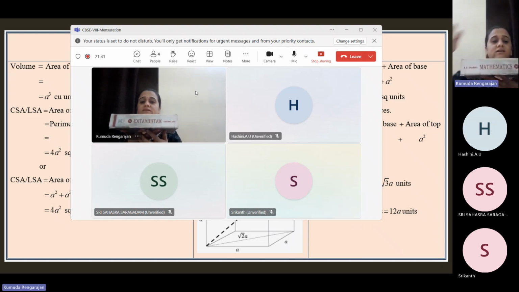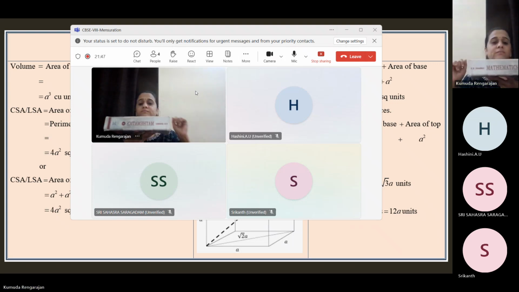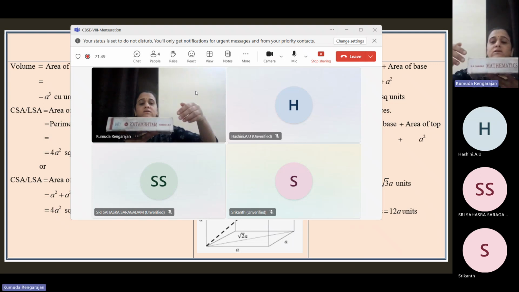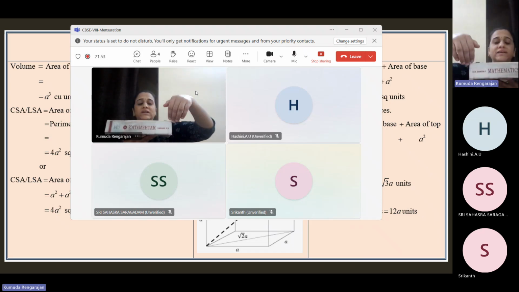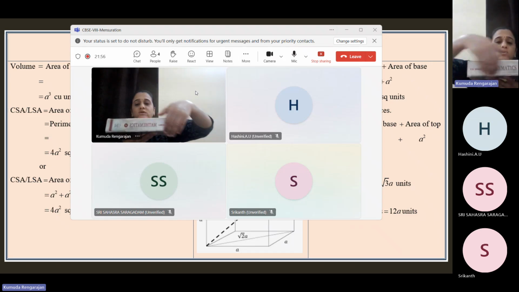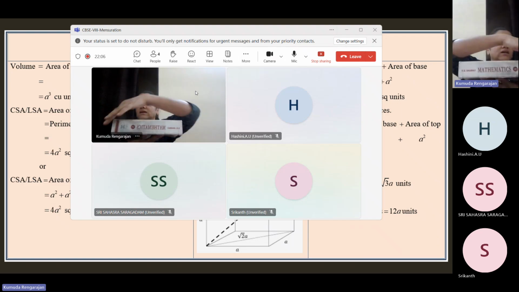We'll take the horizontal ones first. Front 1, 2. Similarly, behind 3, 4. Then 5, 6. Behind 7, 8. Then this side 9, 10, 11, 12.